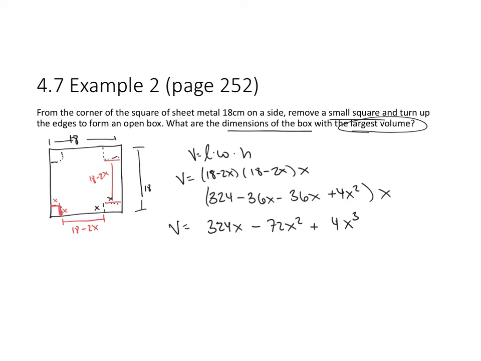I'll take the derivative of the volume, and I'm going to see what I get for critical numbers and then what I get for my maximum. So my derivative is 324 minus 144x plus 12x squared. We'll set that equal to 0, and first thing I'm going to try to do is factor out a 12 out of each piece. So I'm going to have 12 times x squared minus 12x plus 27.